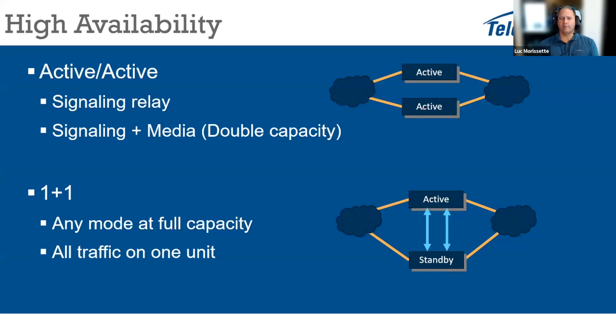That's when the 1+1 system becomes interesting: you can configure all your capacity going through your active system, and then if something happens with the active system, everything can go through the standby system. Here you have checkpointing between the devices, to make sure the information is relayed to the standby unit so that everything can be activated or reconfigured on the standby unit, okay?